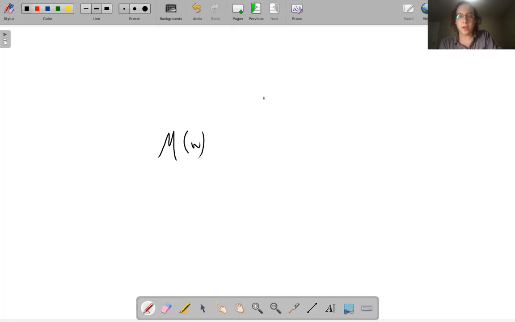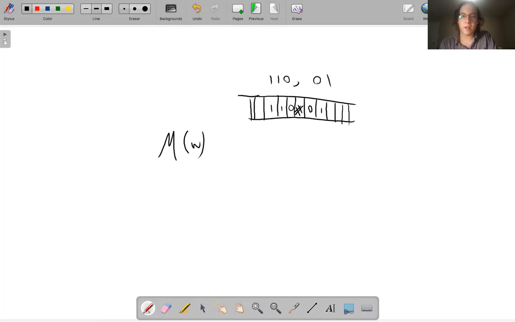Suppose I wanted to give it 1 1 0 followed by 0 1. I can write 1 1 0, then put some separator symbol like this pound symbol, then the other string, followed by blank spaces, and the Turing machine will start in the first blank to the left of the input.